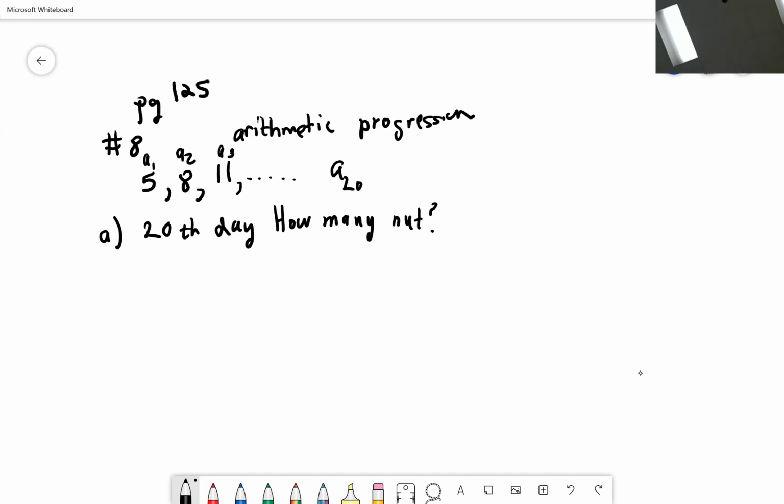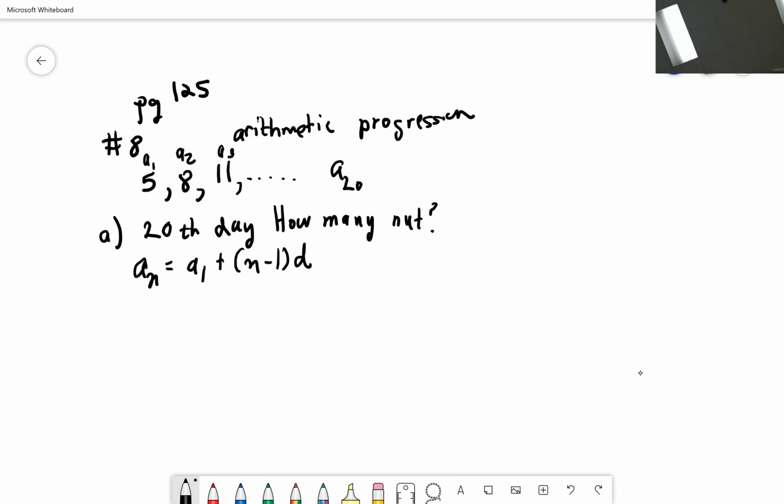Well, I think I gave you 2 formulas. One formula said, A of n equals A of 1 plus n minus 1 times D. So this one allows you to figure out an individual element in the arithmetic sequence.